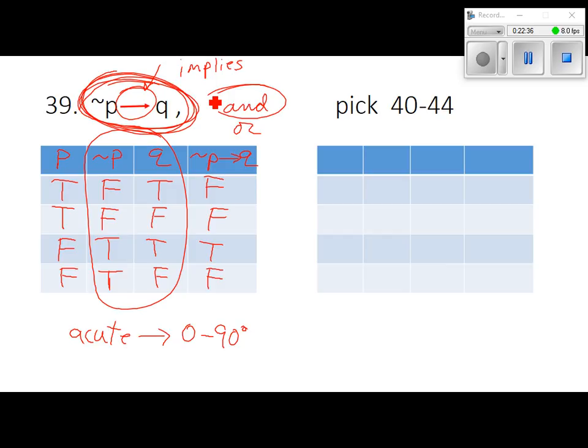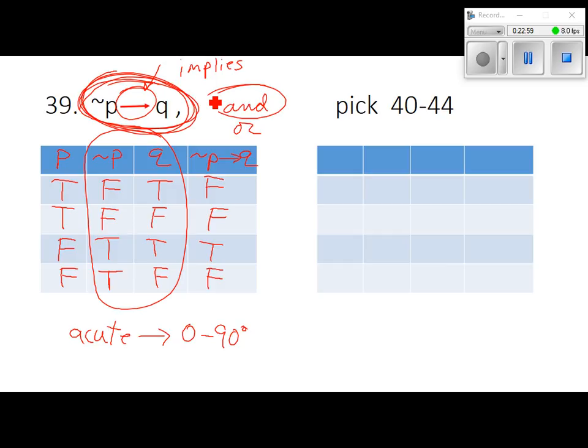So the whole statement is false. But if I say Dawson is a boy or he is a horse, then the whole statement is true because he's one or the other, he's a boy. Does that make sense?